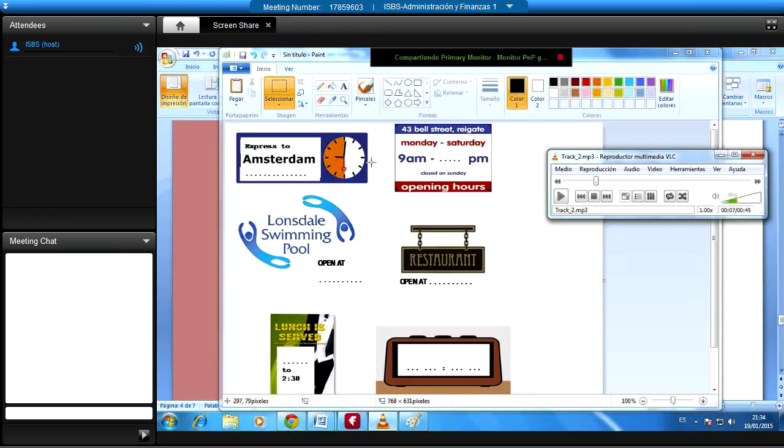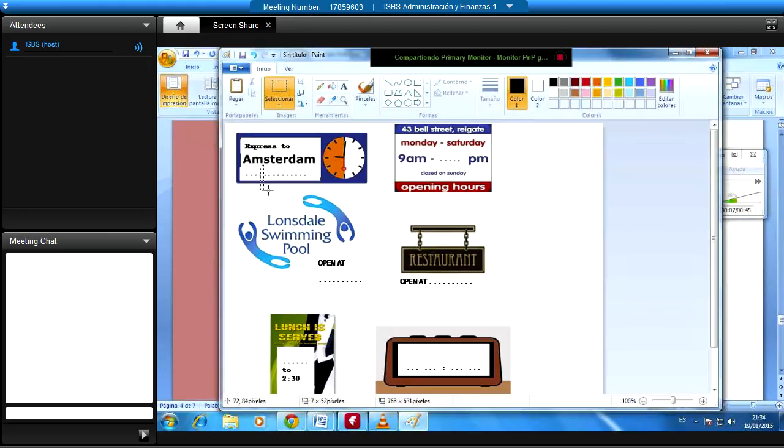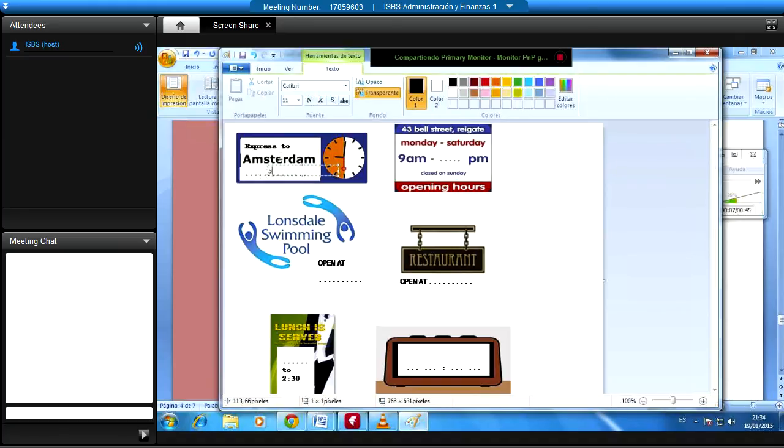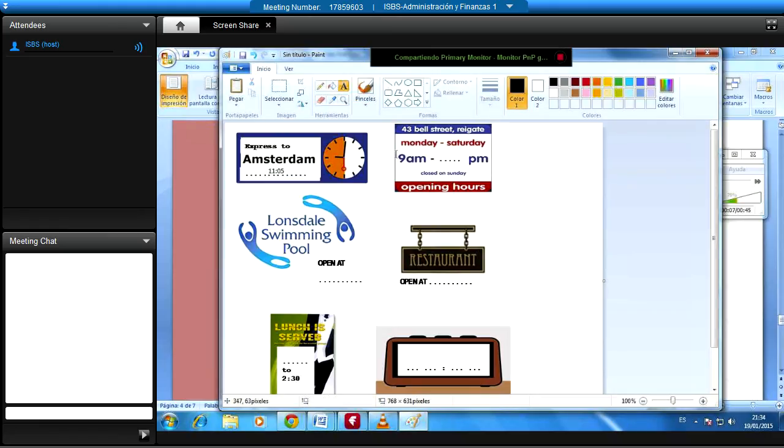2A. When does the train leave? At 11:05. So the express to Amsterdam, the train is at 11:05. Okay, let me just write it here. I don't know if you can read more or less.